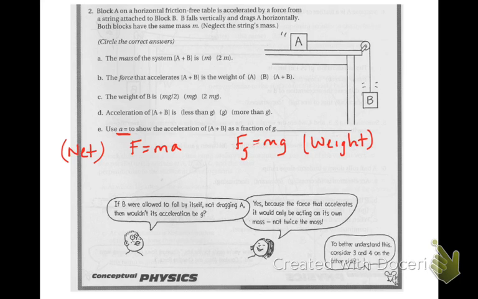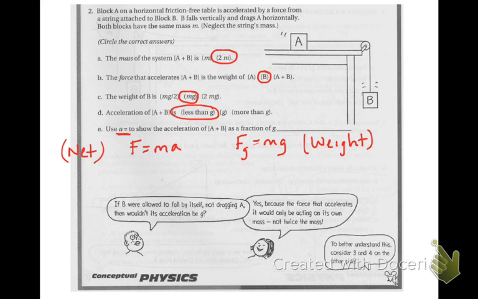So, we determined that the weight of B was mg. I'm just going to circle all of our answers again. We determined that the weight of B was mg.